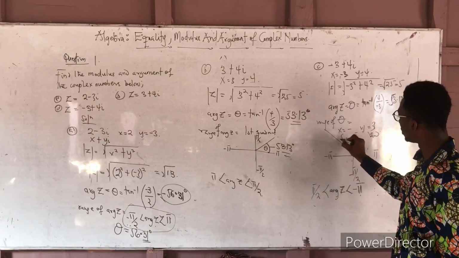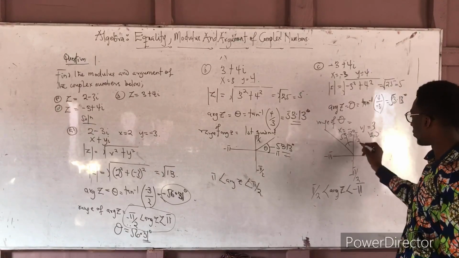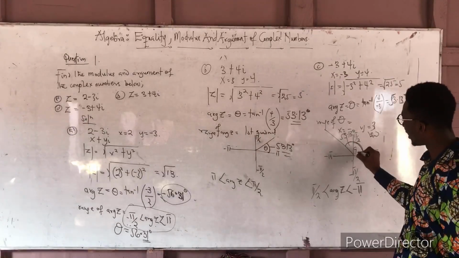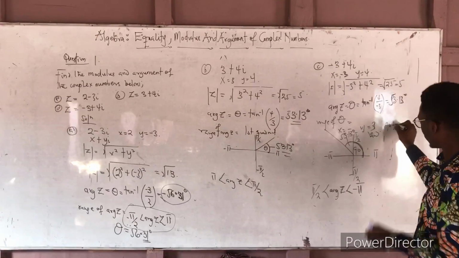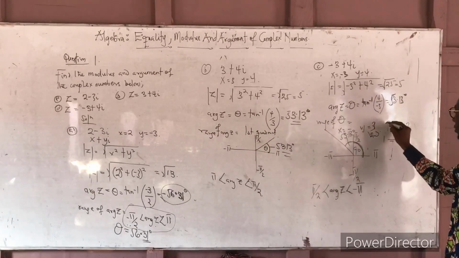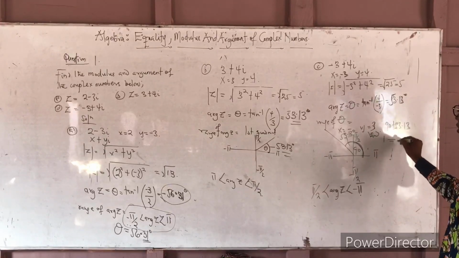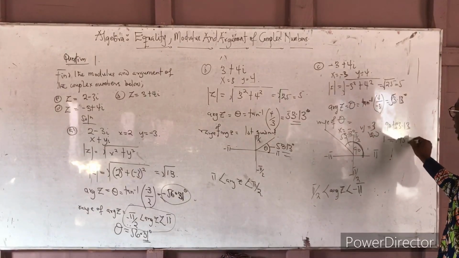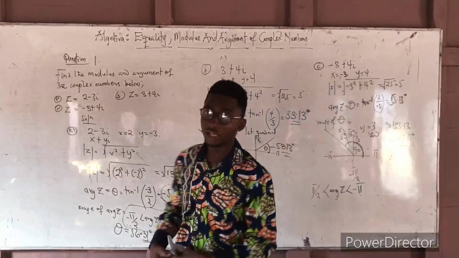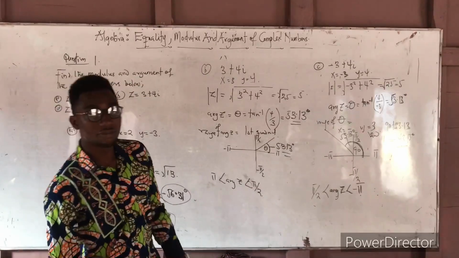So the angle we got here was what? 53.13. But take note that if we are calculating from the x positive axis, then it's 90 plus 53.13, and that gives us 143.13 degrees.